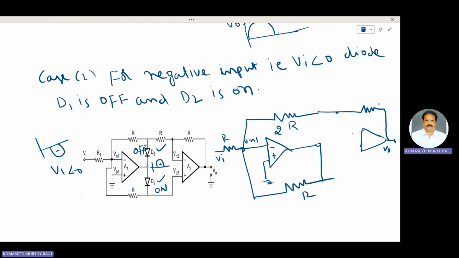From this point only, you have to connect here minus and plus. This plus VP2 is connected to this point. This one is V naught. This is the simplified diagram.